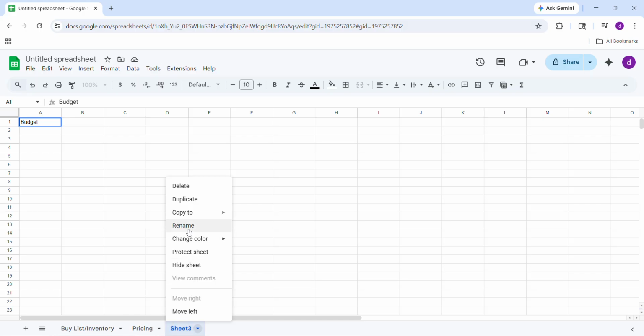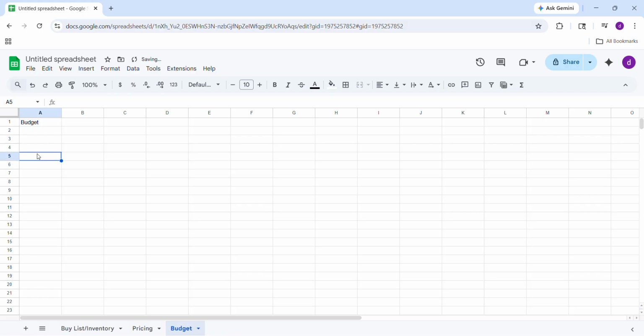This will be my budget screen. This is where you're going to put, say, your standard bills, your salary for your employees, rent, and then let's do loan as well.